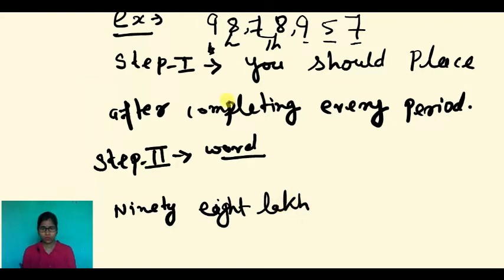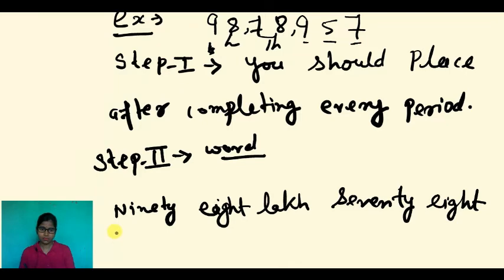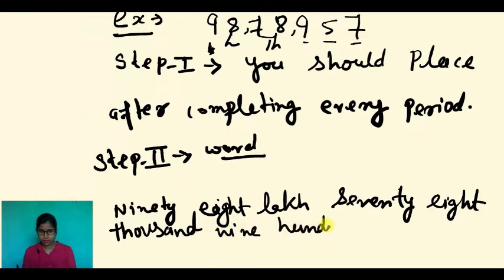See here, 78 and which period? Thousand period. So write 78 thousand. This is the period name, and then 957. See, 957. Right?